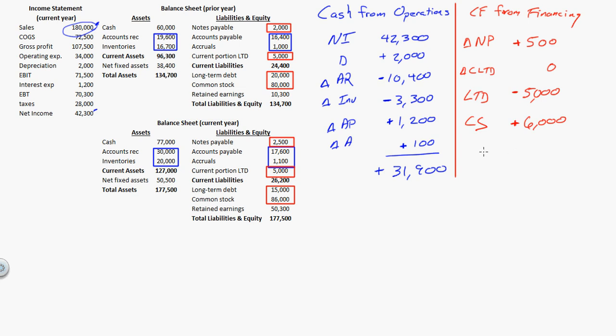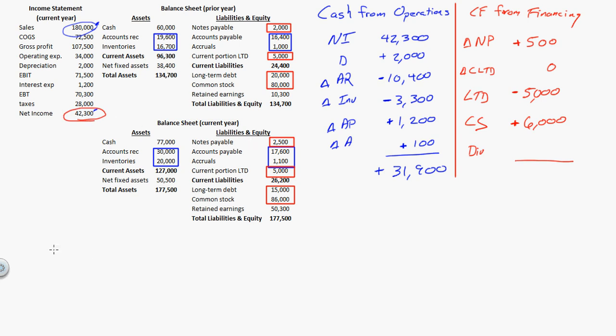All right, so we have one more thing. Remember, we have dividends. In the first video we talked about the financing decision, the dividend decision and the investment decision. Cash flow from operations, think of that as part of my investment decision. With my dividend decision here, I had this $42,300 of net income.